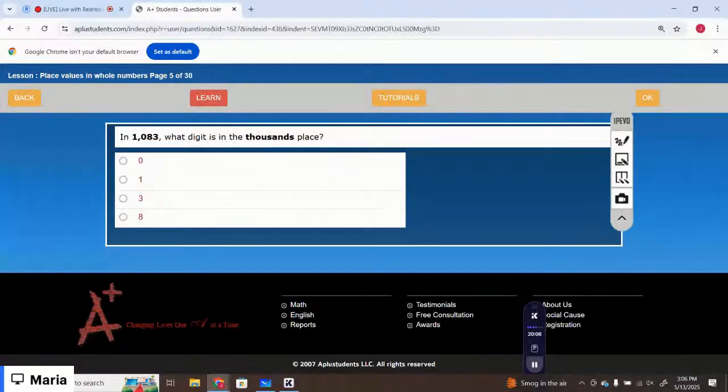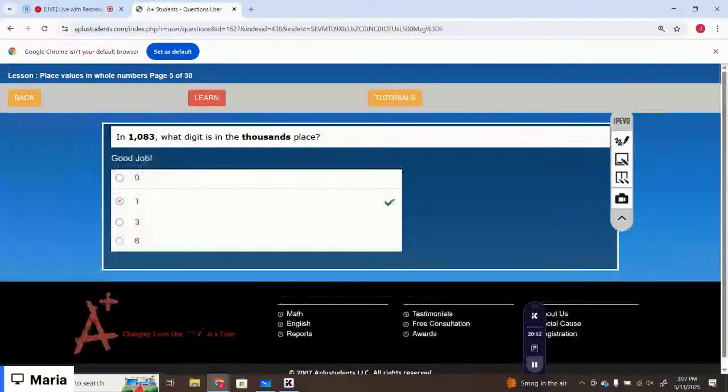In 1083, which digit is in the thousands place? The correct option is 1, it is at the thousands place.